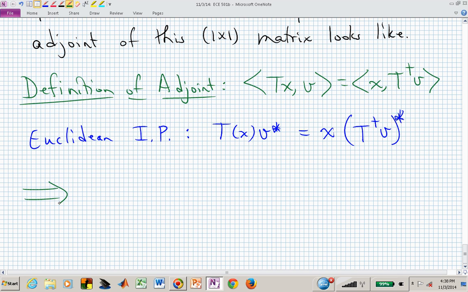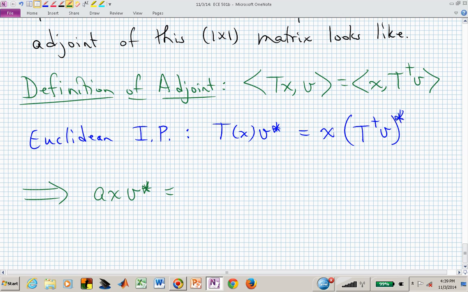So I'm going to do this in a few steps, but what is T of x equal to? We agreed that that was our linear operator, and we said that was Ax. So we have Ax times V star. And that's now equal to the right-hand side, and we didn't say what T dagger V was.